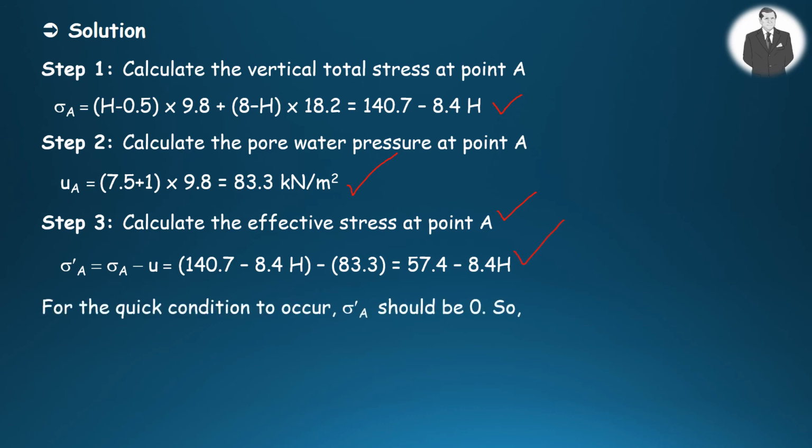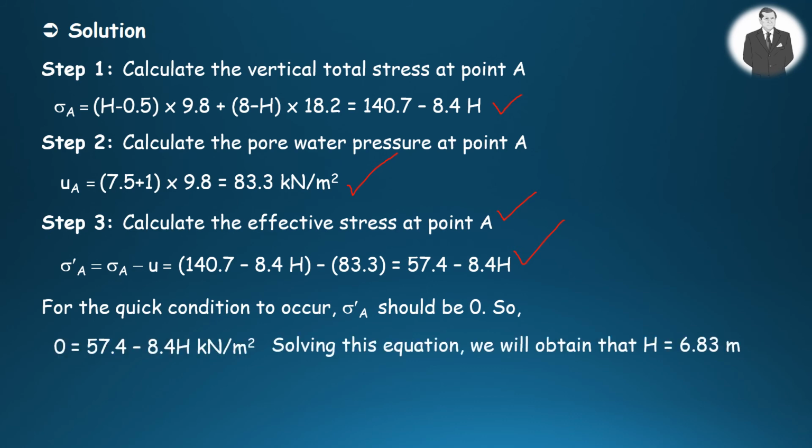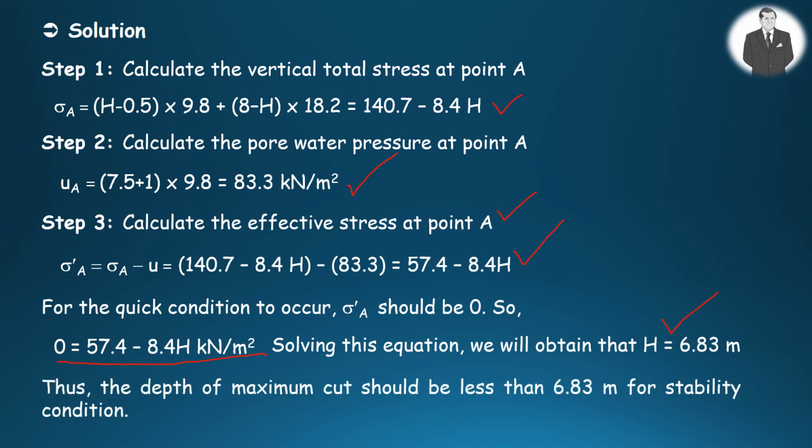For the quick condition to take place, effective stress at point A should be 0. So we get this equation. Solving this equation, we obtain that H is 6.83 meter. Therefore, the depth of maximum excavation should be less than that for the stability condition.